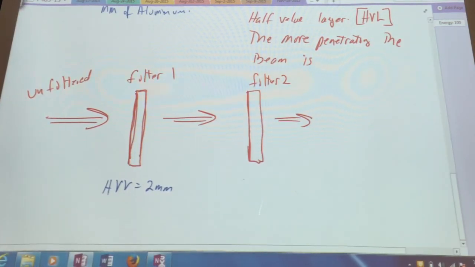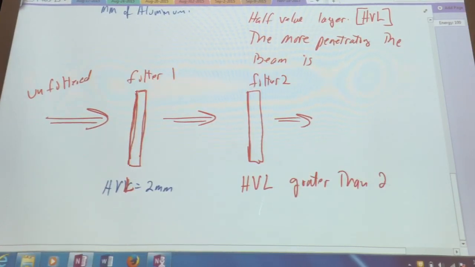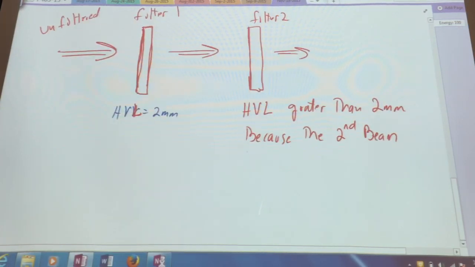The second half value layer is greater than 2 millimeters, because the second beam is more penetrating than the first beam.